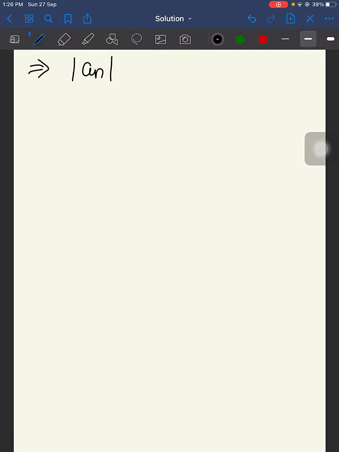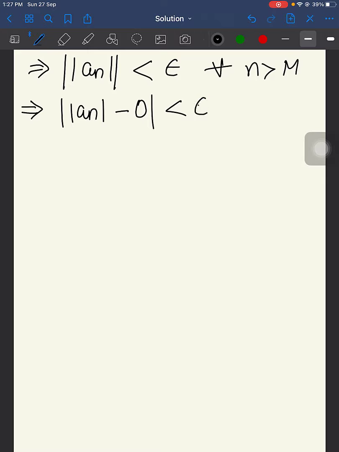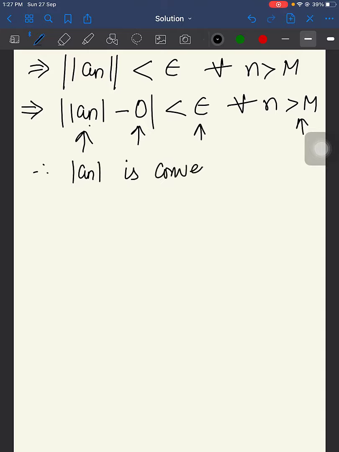So we can also write it as mod of mod an minus 0, because this does not make any difference. So now in place of an we have mod an, and in place of L we have 0, and we have the same challenger and the same defender. So that means this sequence is converging to 0. So mod an is convergent to 0.